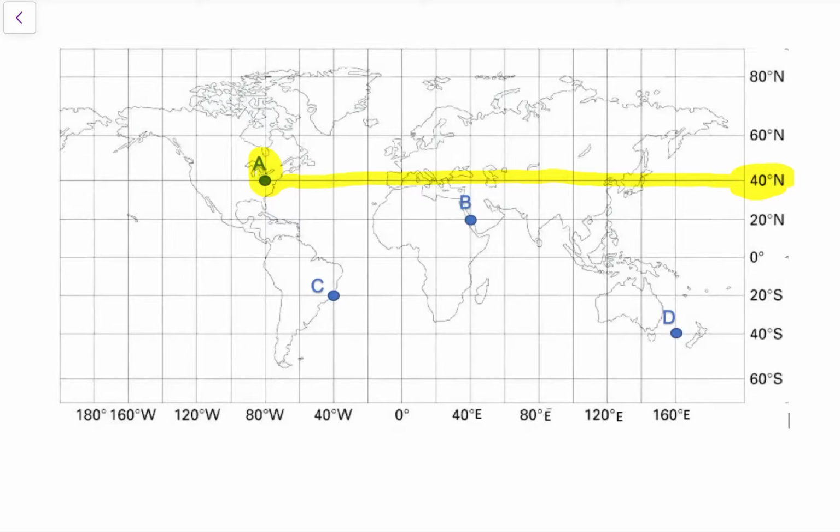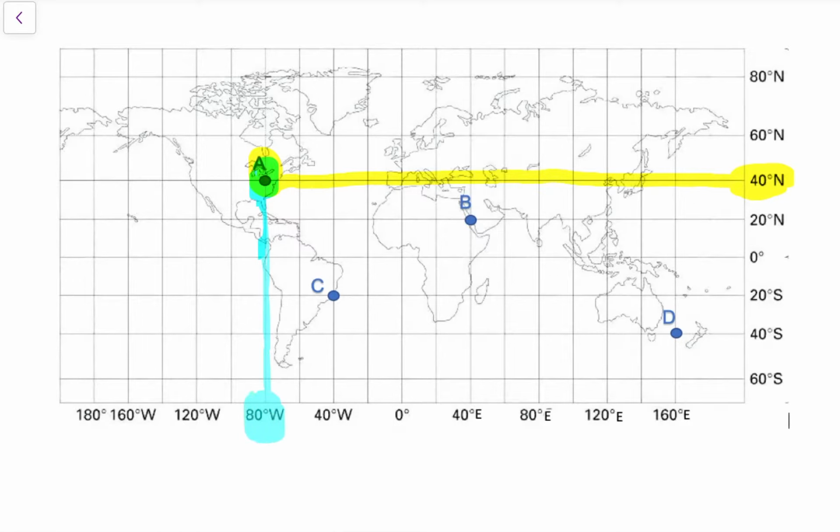Now let's think about the longitude. I'll do longitude in blue. The longitude, remember, goes up and down the map, or long ways, longitude, long ways. Let's see what the longitude of point A is. Point A is here. If I go up and down, I'm looking at this line here.